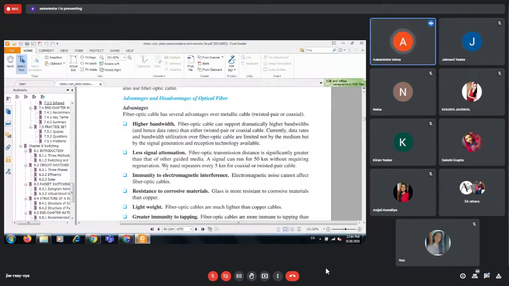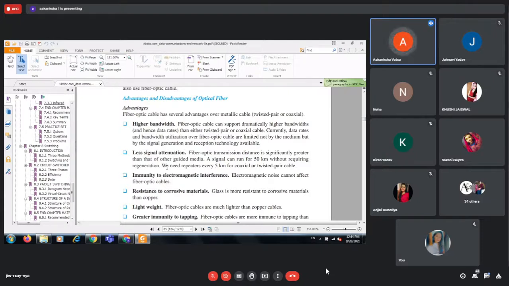It would interfere with the data or the signal traveling through your networking cable. But in the case of optical fiber, there is no electromagnetic interference, and the data will travel in the form of light only. So there will be no interference. That's a very great advantage of optical fiber.